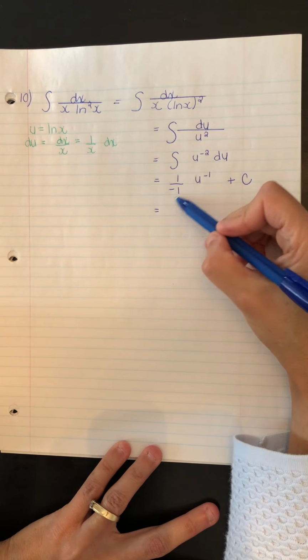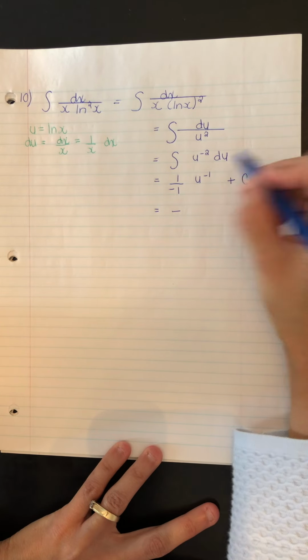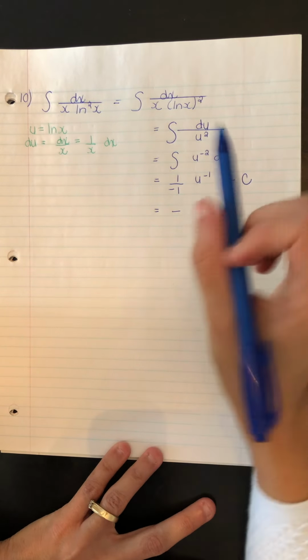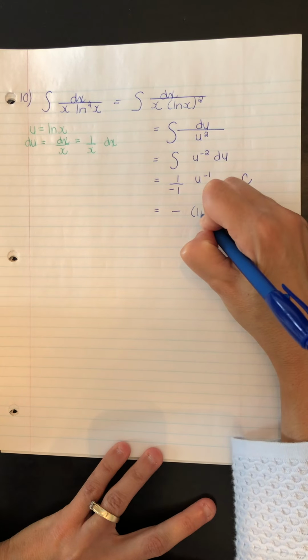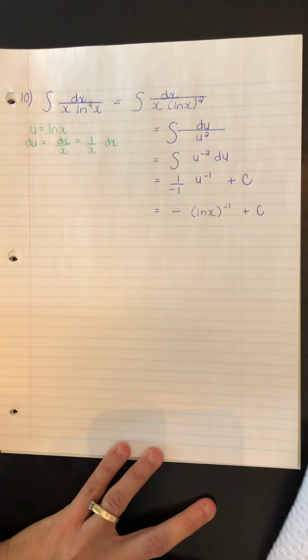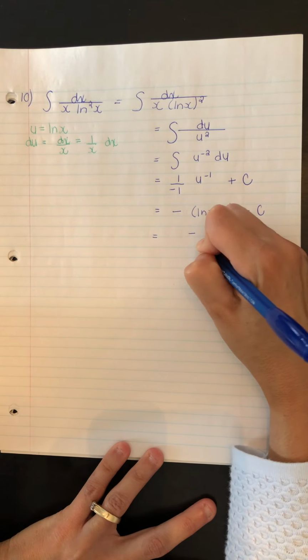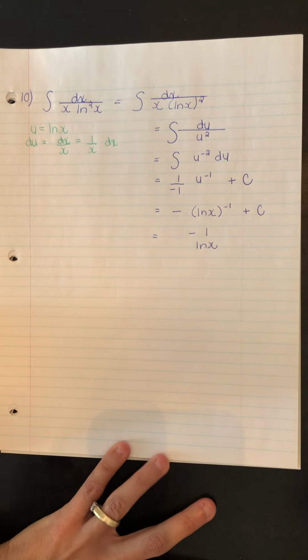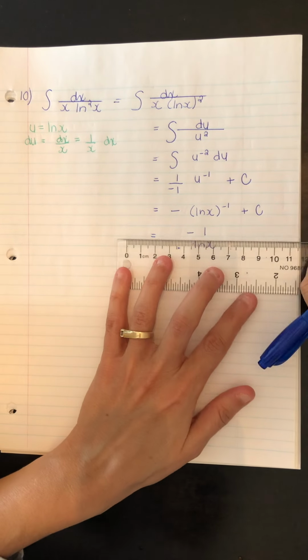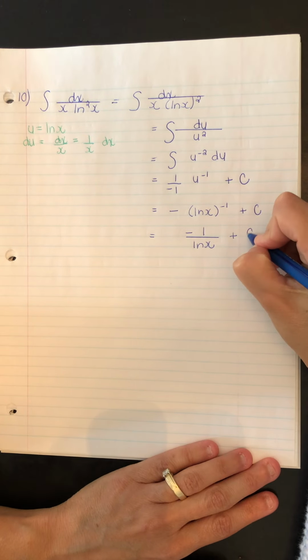So this is just negative 1, so we get negative u to the negative 1, but u is ln x. Okay, and that's fine for a final answer. Or another way to write that would be this, negative 1 over ln x plus c.